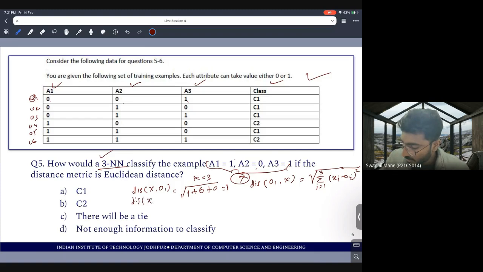Distance between x and O2: under the root, 1 minus 0, 1, 1 squared is 1, 0 minus 1, minus 1, minus 1 squared is 1, plus 1 minus 0, 1, 1 squared is 1, which gives 3. Square root of 3 is about 1.73. You can confirm it. It might be correct or not, I don't know.